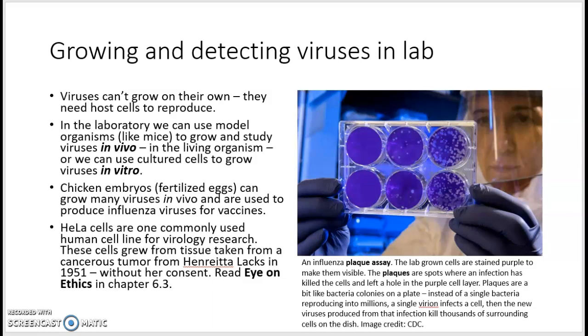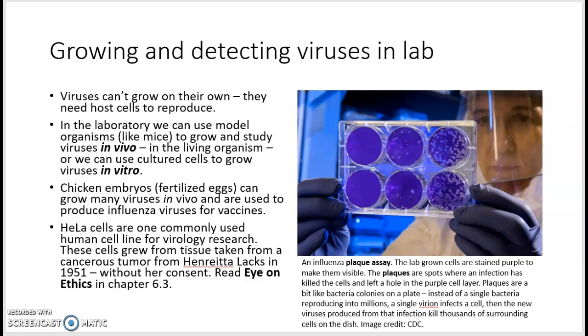We also use cell lines such as HeLa cells. So HeLa cells are one of the commonly used human cell lines for virology research and a number of other important human research subjects. So these cells grew from tissue taken from a cancerous tumor from a woman, Henrietta Lacks, in 1951.